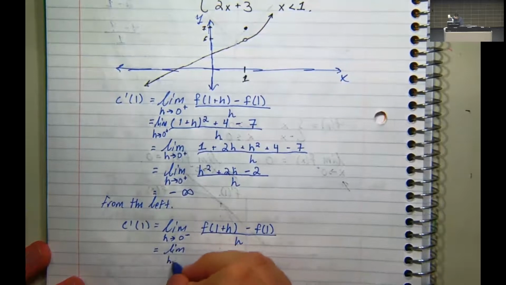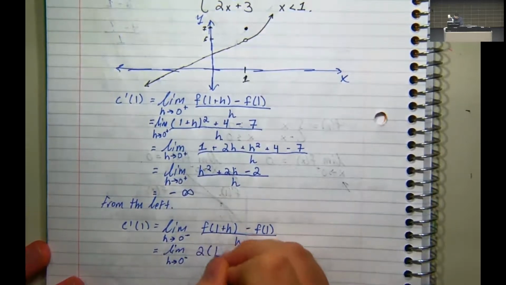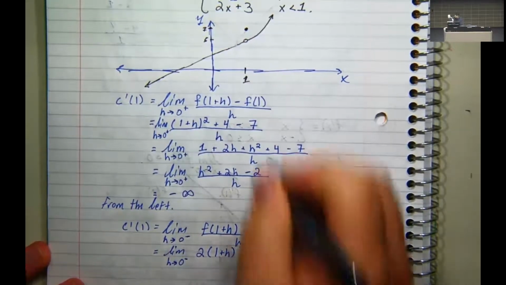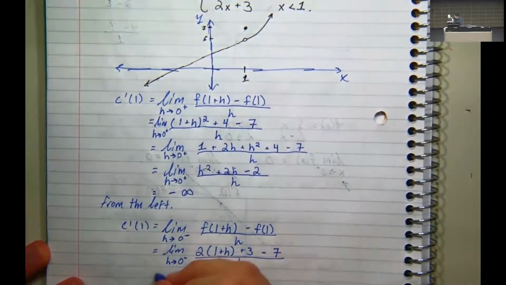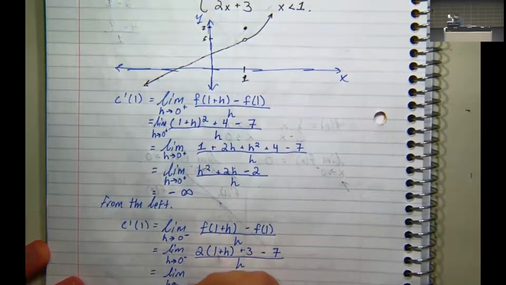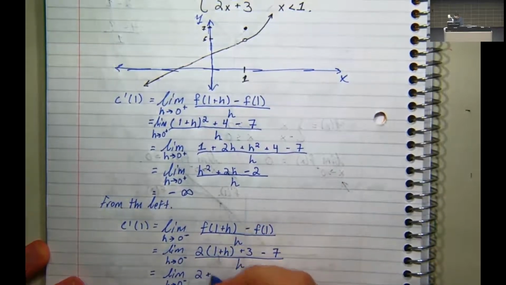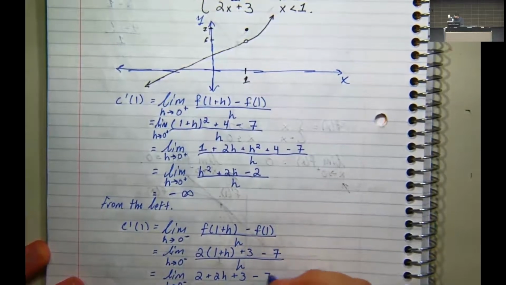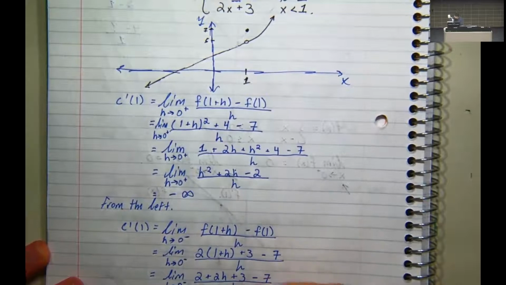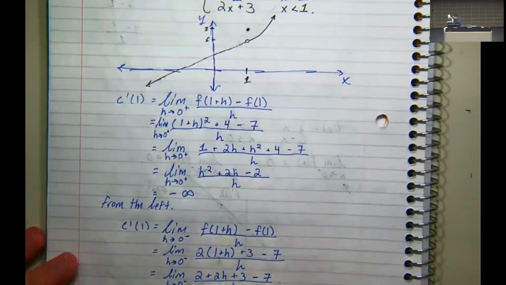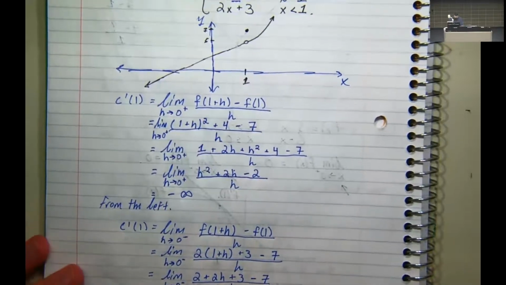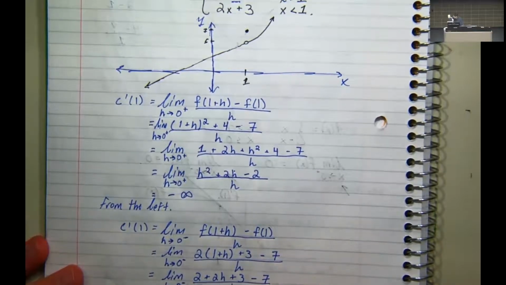The limit as h approaches 0 from the negative of 2 times (1 plus h) plus 3 minus, once again, 7, over h, equals the limit as h approaches 0 from the negative of 2 plus 2h plus 3 minus 7, over h, which is equal to the limit as h approaches 0 from the negative of 2h minus 2, over h.